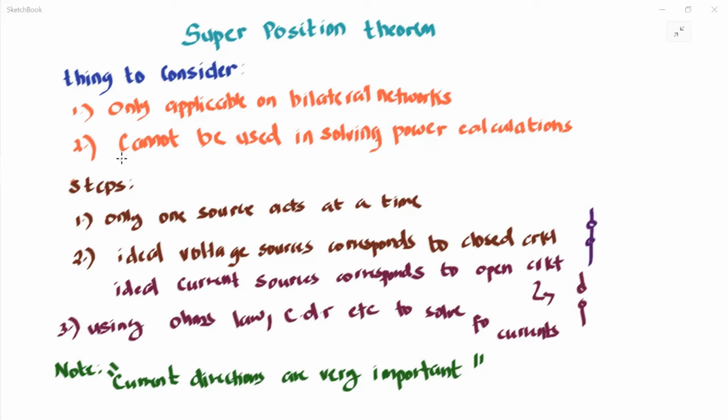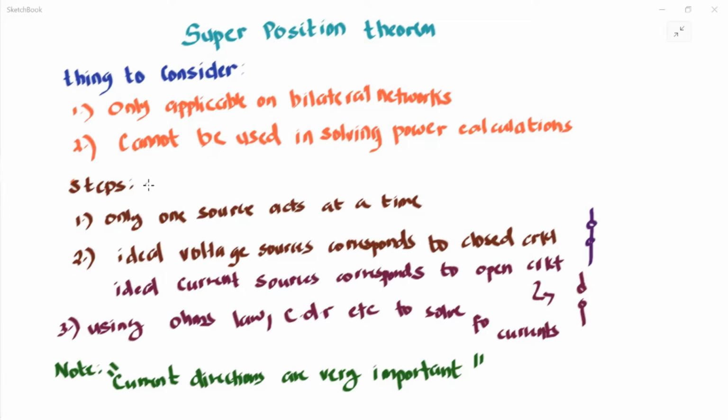Number two, superposition theorem cannot be used in solving power calculations. It is very useful in solving complex circuit networks because they have multiple voltage sources and current sources, at which simple Ohm's law fails to solve these kinds of circuits.